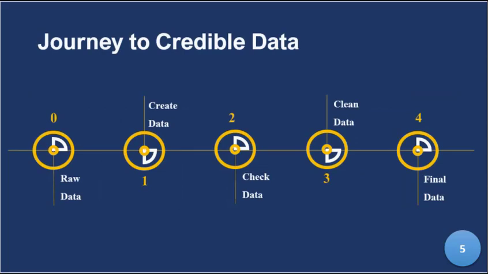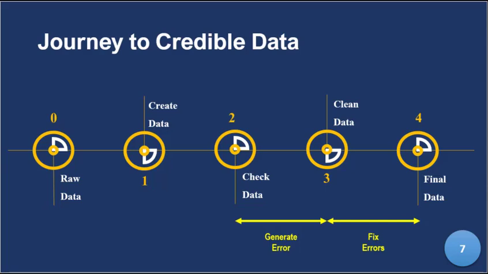Okay, so I need to take you back to this because this was, more or less, one of the last slides in the first module. In our journey to credible data, we have gone up to point 3 now. The errors are generated during the checks between check and clean, but the errors are fixed between clean and the final data.